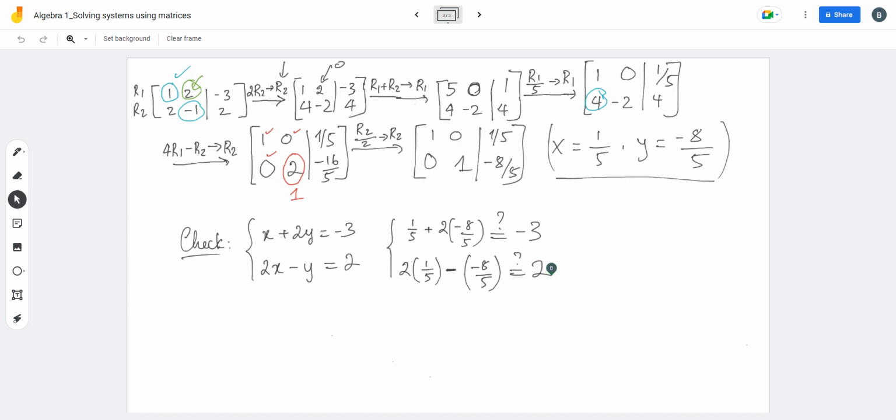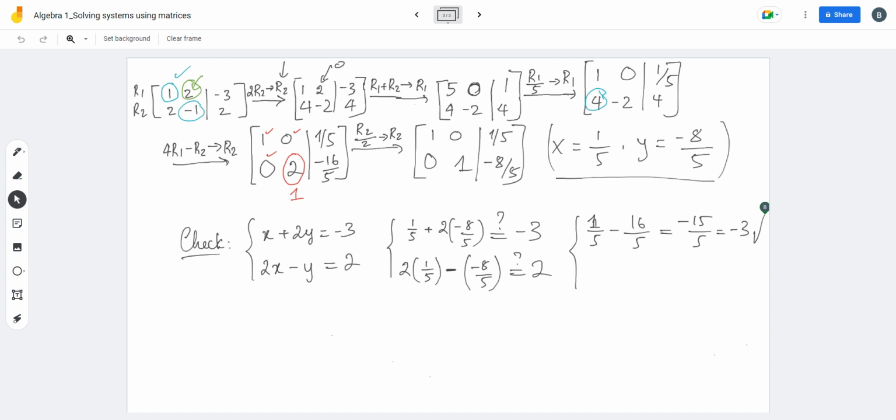So again, here I have what? 1 over 5 minus 16 over 5. So that would be minus 15 over 5, which is minus 3, which is good.